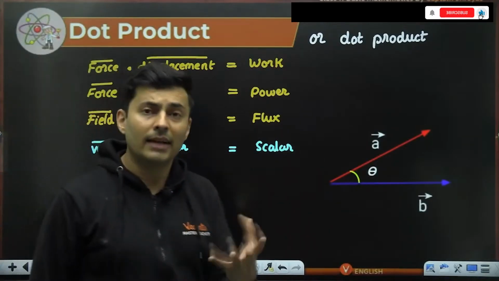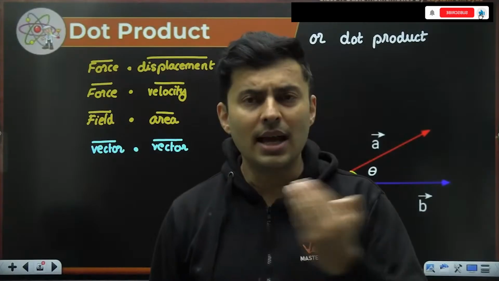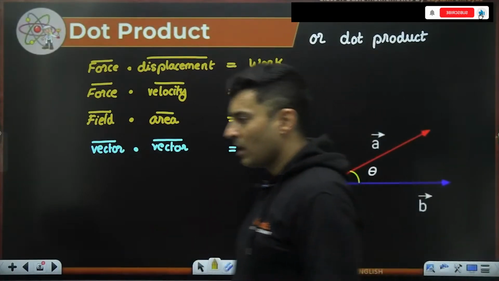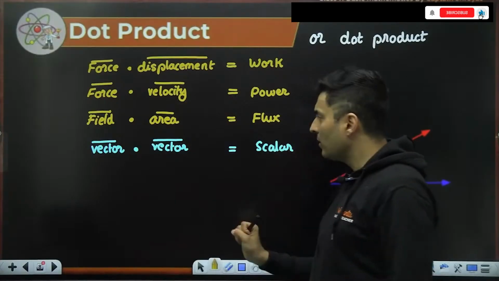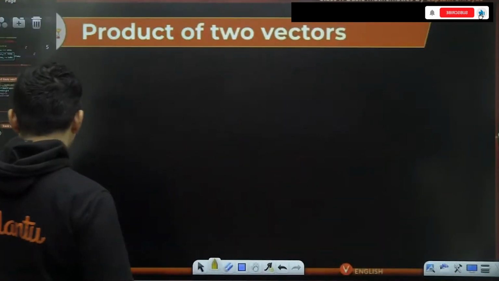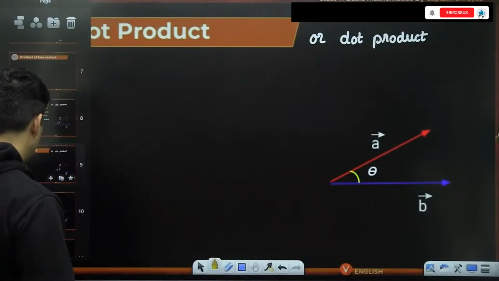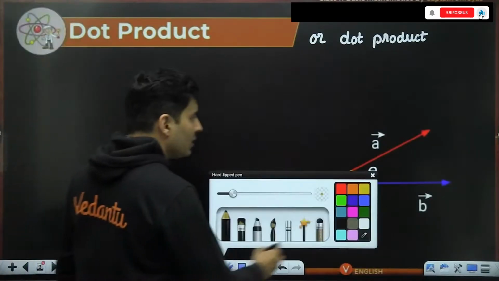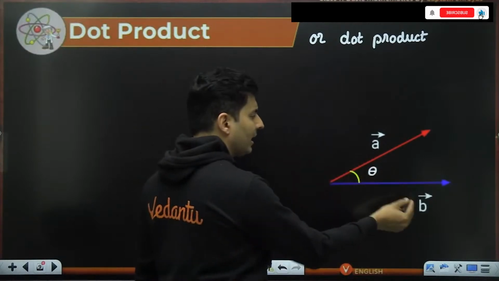These are some live examples where you directly use the dot product or scalar product in physics. How do I know the value, or how do I perform this operation? The manner in which you perform it is as follows. Observe it carefully. You have one vector here, another vector over here.